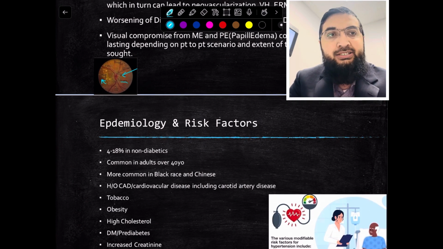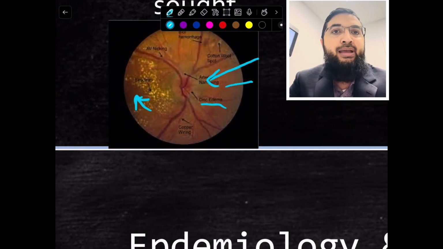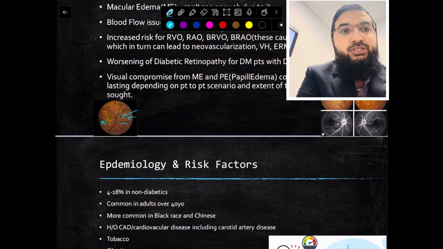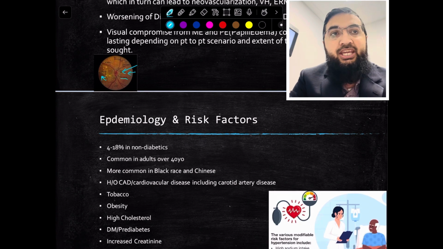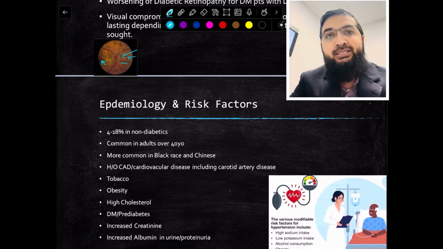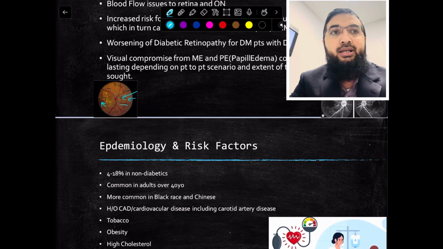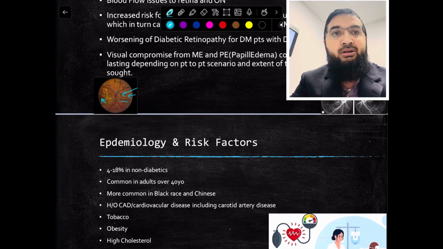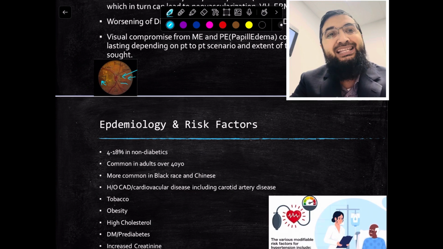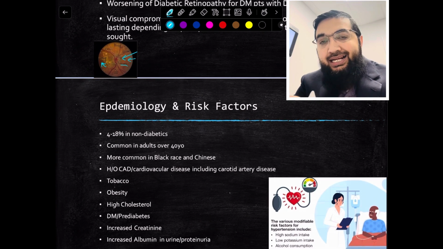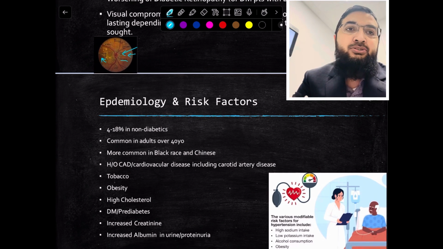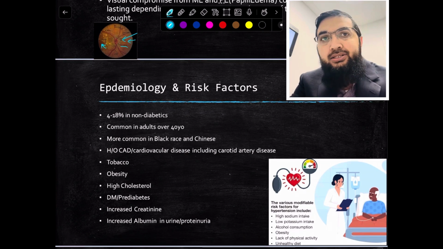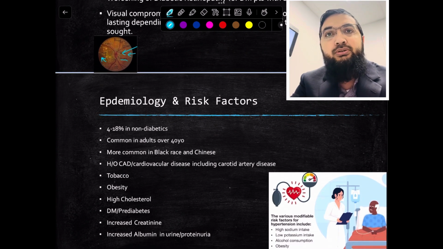Visual compromise from macular edema, papilledema, or the nerve swelling that I showed you right here, can happen. The visual compromise is my concern here, because you don't want that. So how long it lasts depends on the patient-to-patient scenario and the extent of the treatment that is sought.